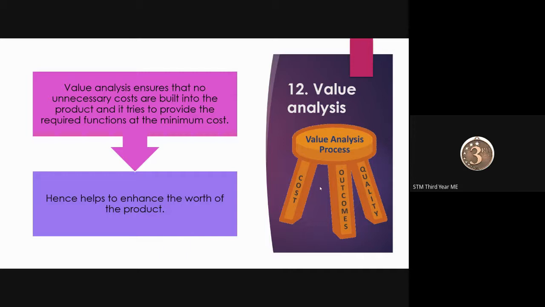If it has a lower temperature, the heat will be dissipated to the surroundings and there will not be much damage to the machine. So it must be kept in an AC or air conditioned room. That is also another requirement, and this further increases the value. That is what comes under value analysis.